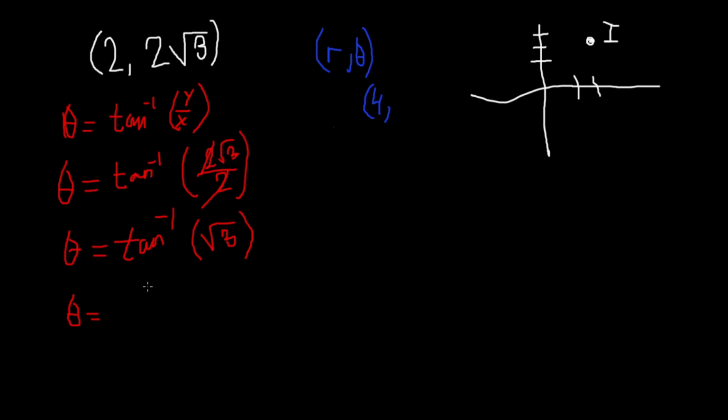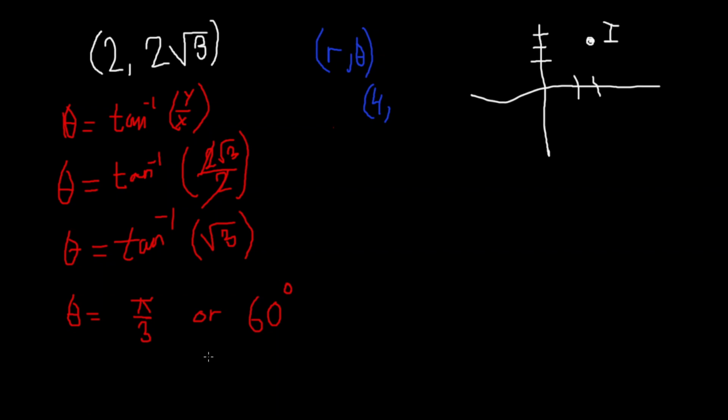It's just your preference or your teacher's preference. So set your calculator accordingly. You will find that arctan of square root of 3 is either pi over 3 radians or 60 degrees. Whichever one you prefer.